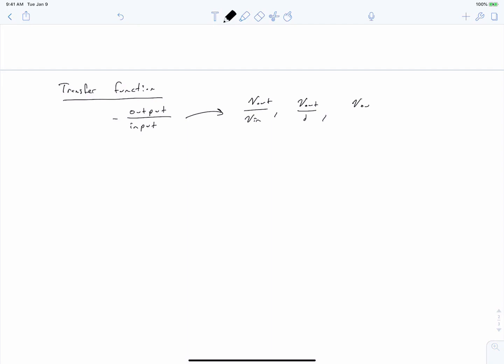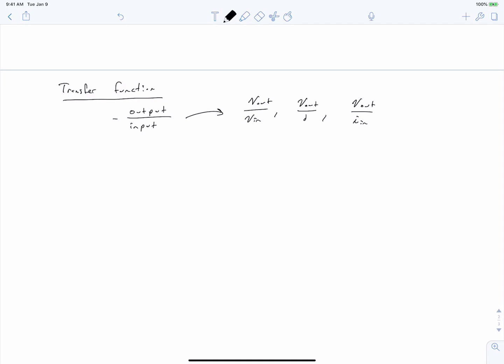It could be an output voltage divided by an input current. It could be an output voltage divided by temperature. It could be an output current divided by an input current. It could be any two quantities of your system. It doesn't matter. You specify what they are when you define your transfer function. In most cases, in this class, we'll be looking at the output voltage divided by the duty ratio.